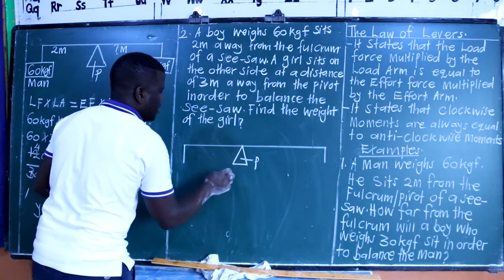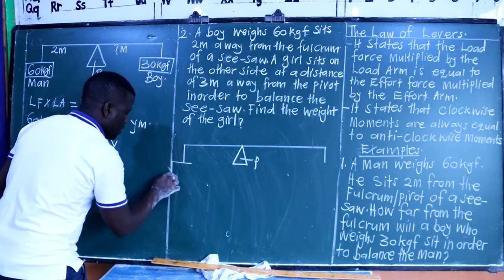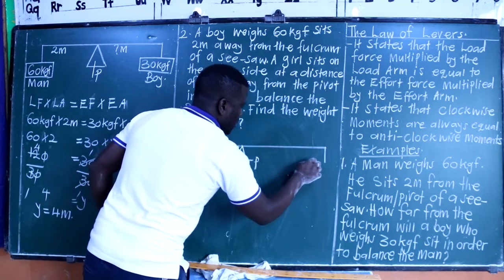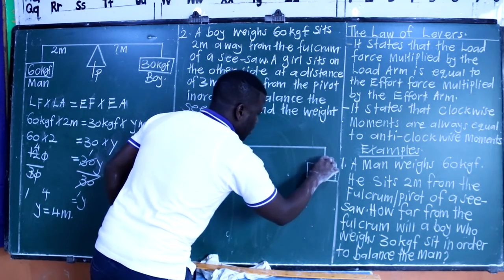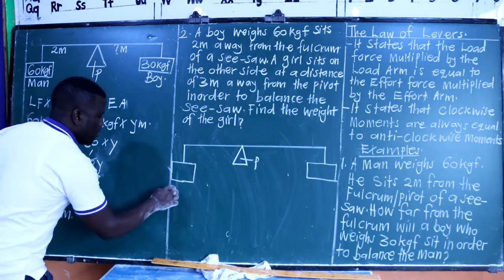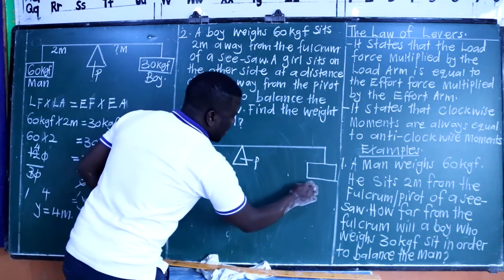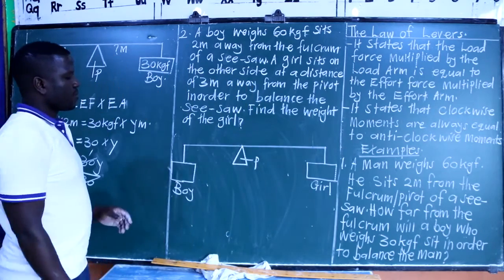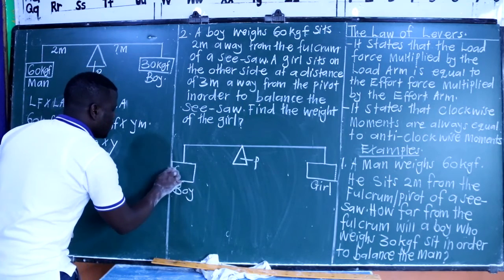So this is a pivot. Now, we are told we have a boy. You write here boy. Then a girl sits on the other side. Girl. We are told a boy weighs 60 kilogram force.